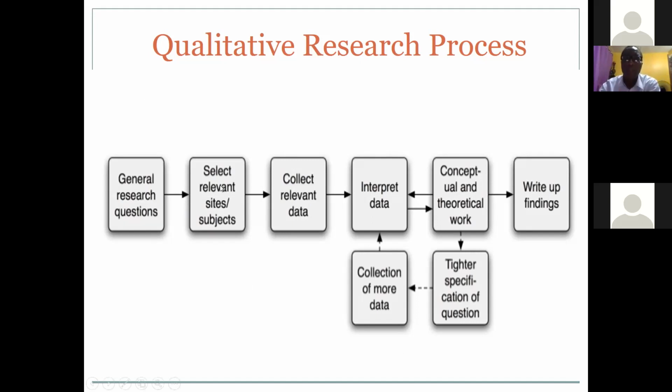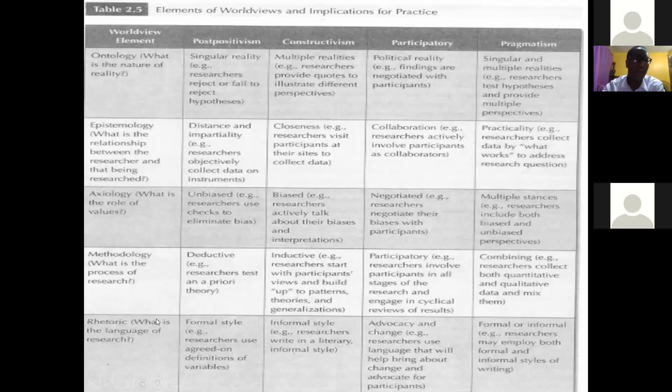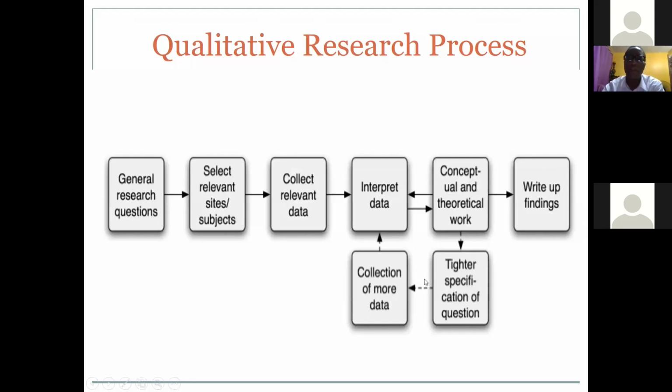So, Sir, can you repeat that? It's important. So you notice at this end portion, it says write up of the findings. And earlier we spoke about rhetoric, right? What's the language that is used? So findings is more the term that is linked to qualitative research.